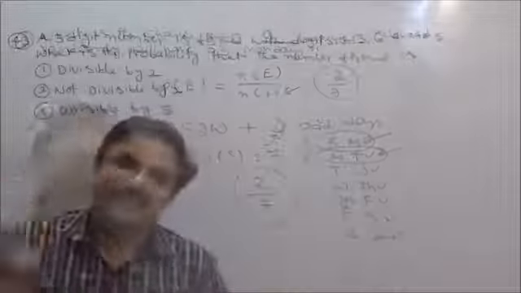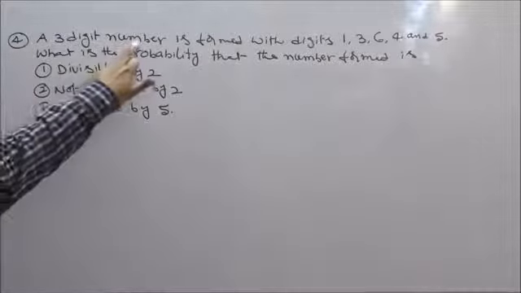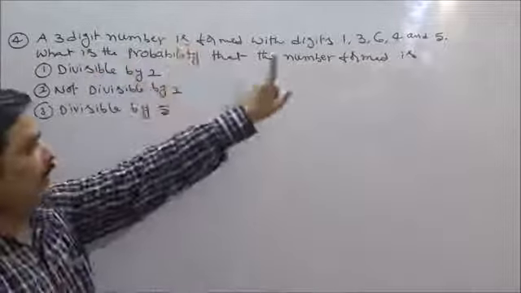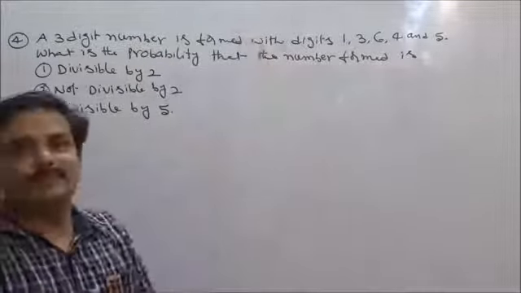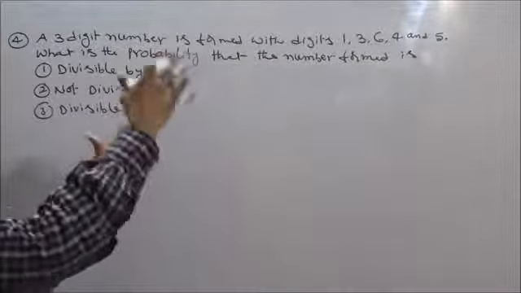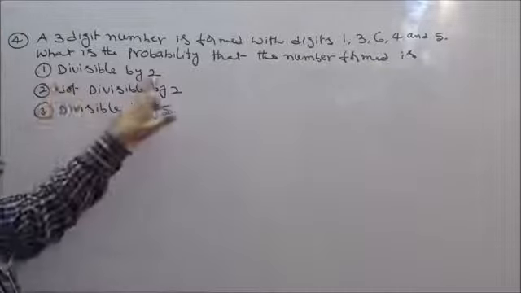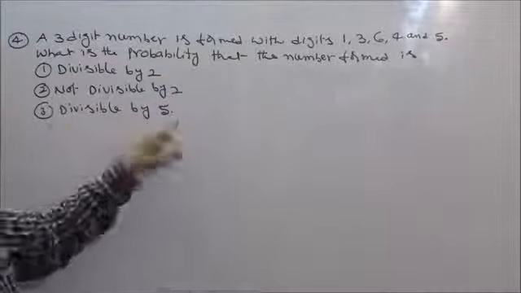Now take the fourth question, students. It is given that a 3-digit number is formed with the digits 1, 3, 6, 4 and 5. What is the probability that the number formed is divisible by 2, not divisible by 2, or divisible by 5?